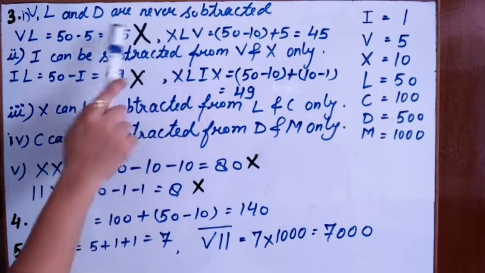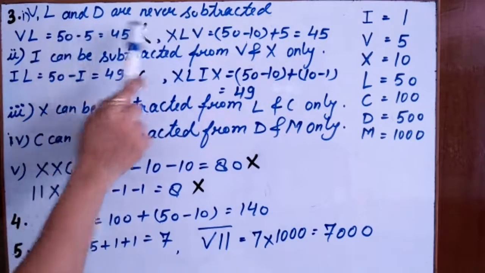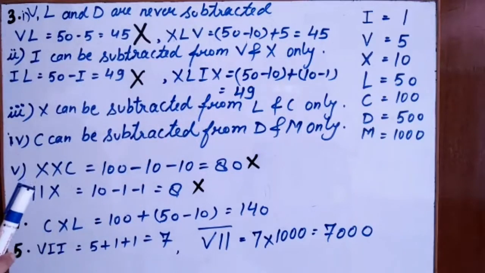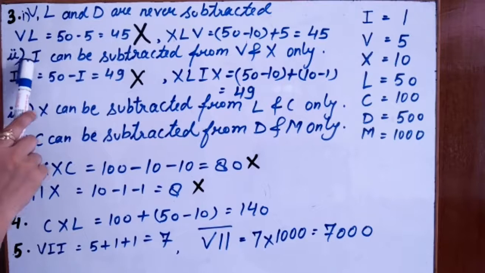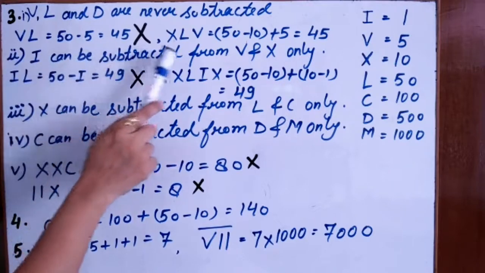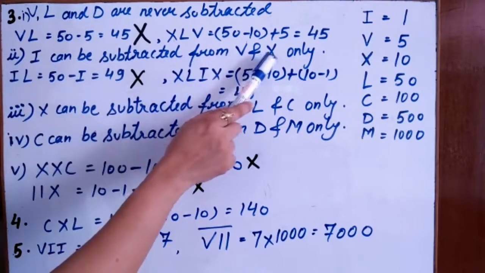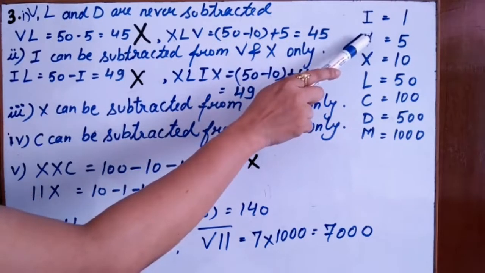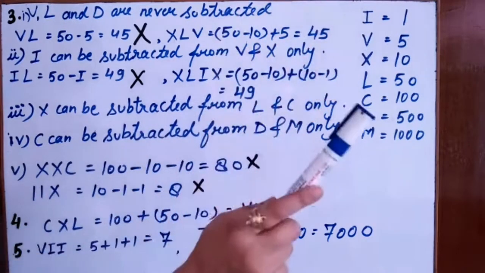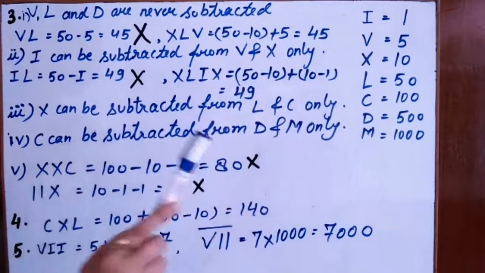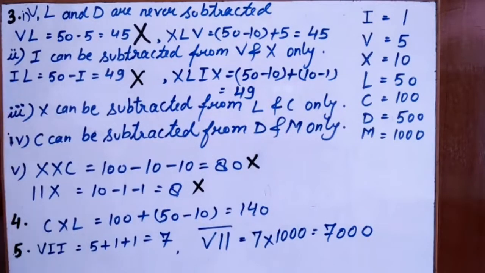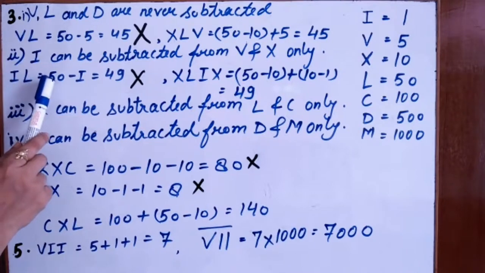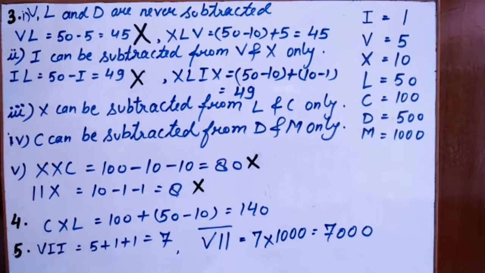Out of these two examples, this one is wrong and this one is correct. Understood? Second, I can be subtracted from V and X only. I can be subtracted from V and X only, not from other letters. Understood? Let us see an example. IL is equal to 50 minus 1.